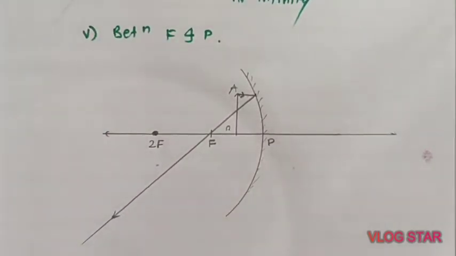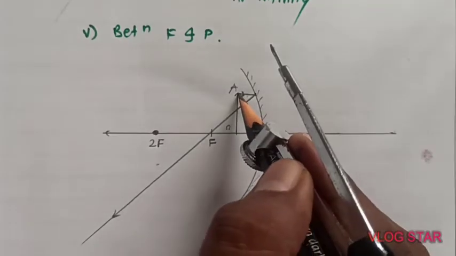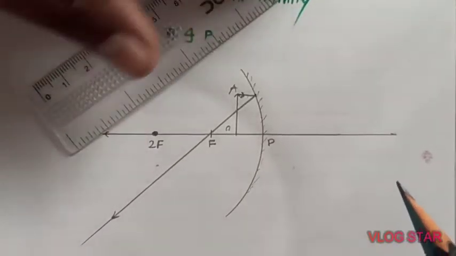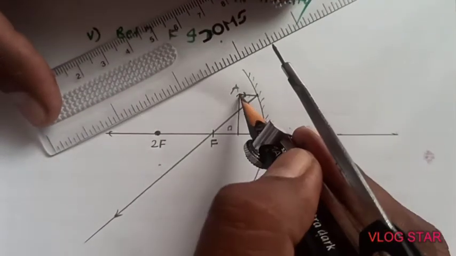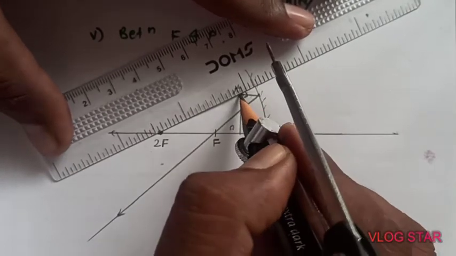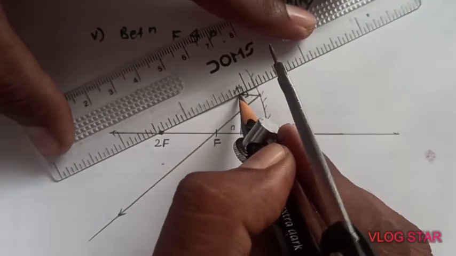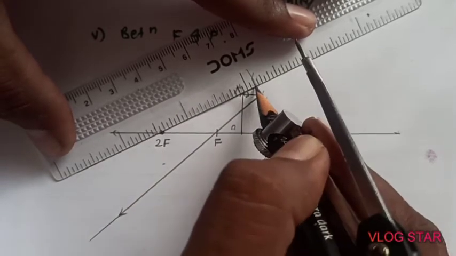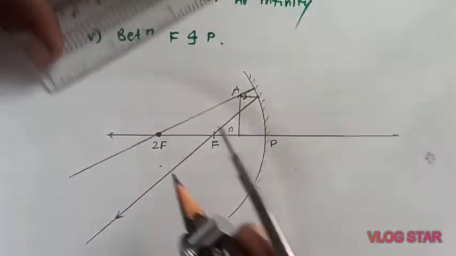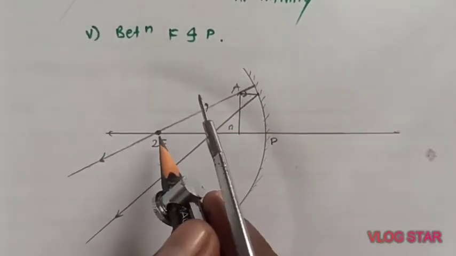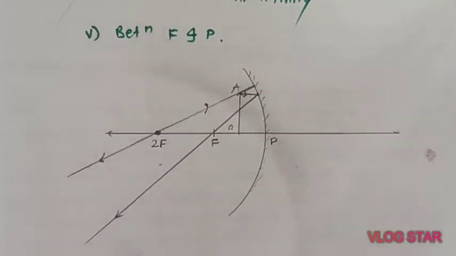Secondly, I can take through the focus or through the center of curvature. I will choose through the center of curvature. So this is along the direction of the center of curvature. So incident like this and reflected in the same direction, bouncing back along the same, because it is through the center of curvature.